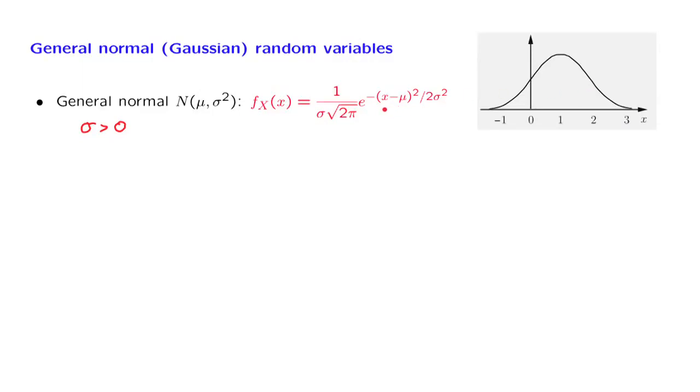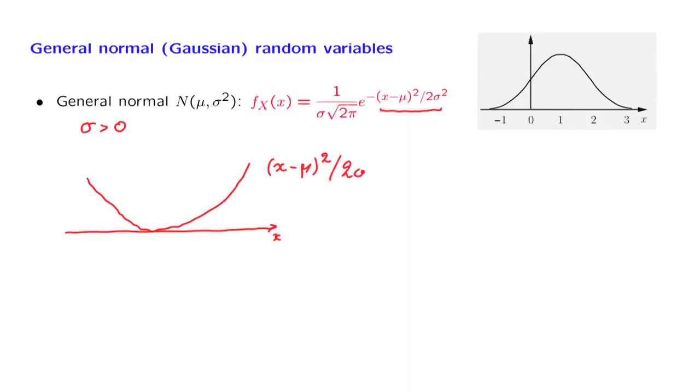Let us understand the form of this PDF by focusing first on the exponent, exactly as we did for the standard normal case. The exponent is a quadratic, and that quadratic is centered at x equal to mu. So it vanishes when x is equal to mu and becomes positive elsewhere. Then we take the negative exponential of this quadratic and we obtain a function which is largest at x equal to mu and falls off as we go further away from mu.